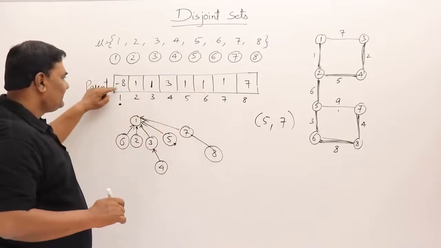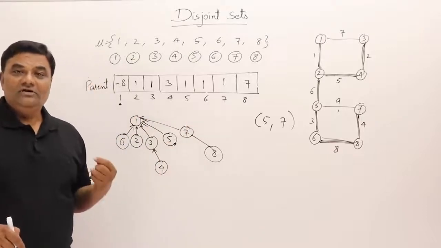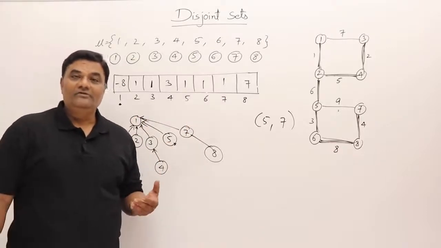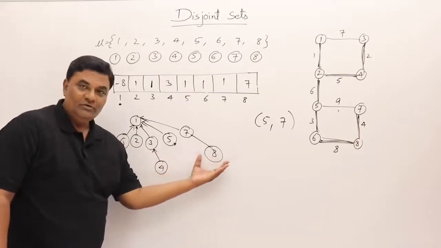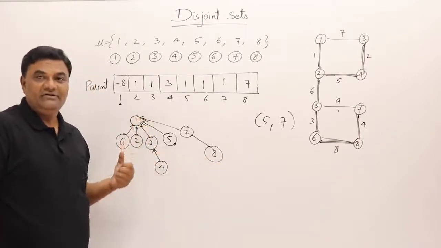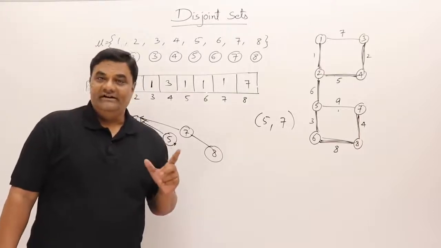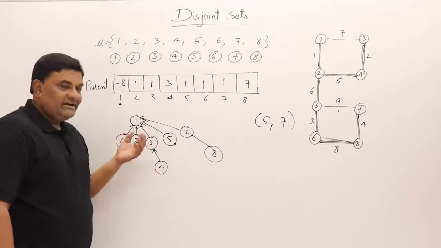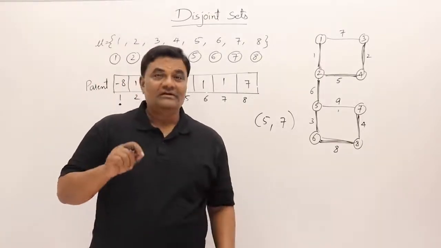So at 1 it is negative. So the parent of 6 is 1. Directly, in constant time, we can know the parent of any element. So this procedure of directly linking a node to the direct parent of a set is called collapsing find.